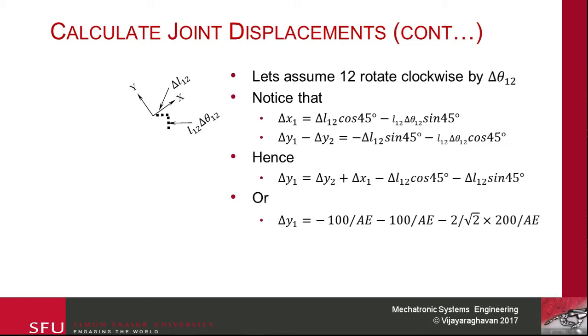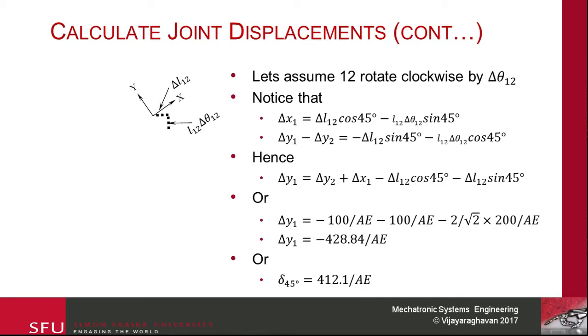I will notice that delta y1 is given by this formula, and I can calculate delta y1 as minus 428.84 divided by AE. A is again the cross section, E is the Young's modulus, and the units, if I use SI units, will be in meters.